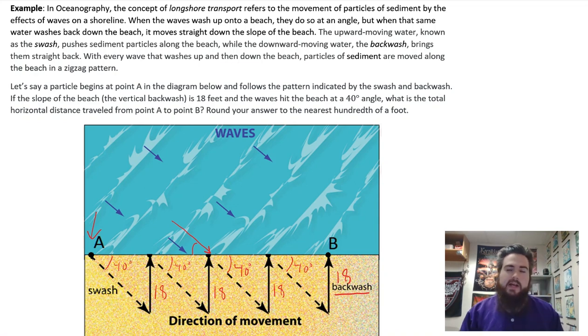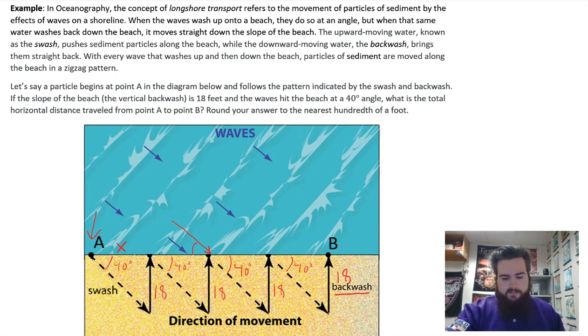What we are trying to find here then is the distance from point A to point B. Since this is a constantly repeating pattern, all we really need to find is one of these side lengths for one of these right triangles, and then multiply that by 4 in order to get our full distance.